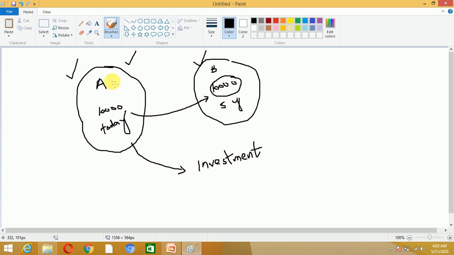But if we receive it today and invest it, maybe we will make more money on this $10,000. Maybe we will earn $5,000 or $6,000, or 2,000 or 3,000. It will be in the form of what? Profit.